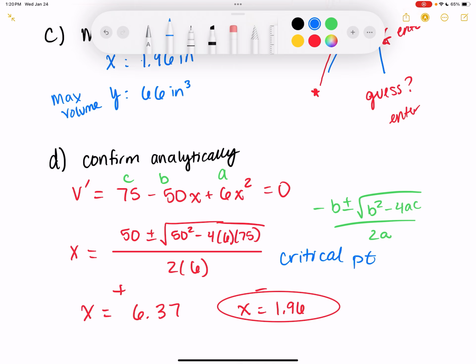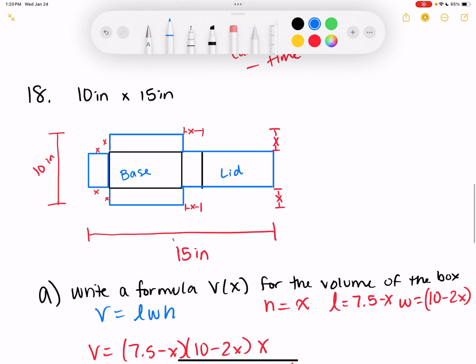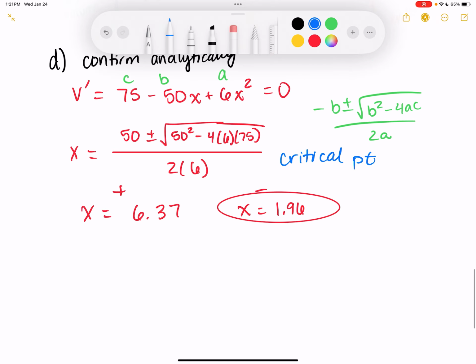But why does 6.37 not make sense? Because it's larger than what it can actually be. So if I cut 6.37 out from here and from here, and I add that up, it's greater than 10, right? Correct. So that one doesn't make sense for that reason. The box isn't that large.